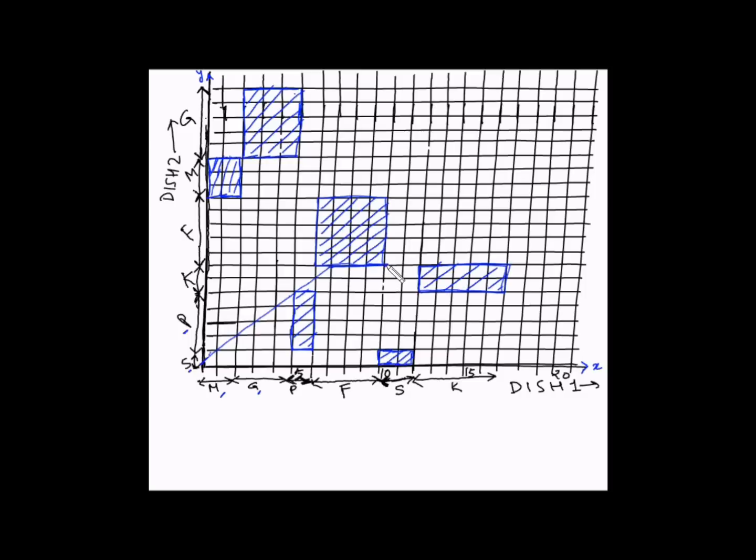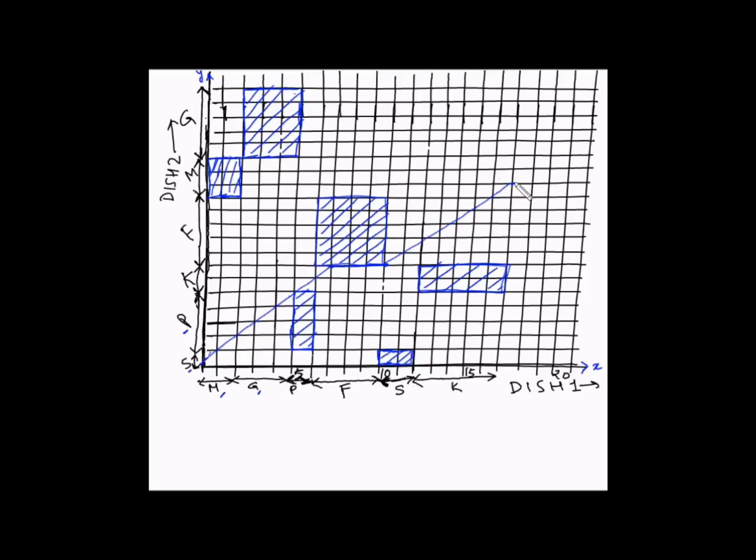waiting. Now once we reach this point, that is the edge of the rectangle, we have two options. First is to move vertically, that is move along this line here. Second is to start moving at 45-degree angle again, that is continue like this. So let's draw first the 45-degree angle line. So we move on at 45 degrees angle, and here we have to stop because this is where dish 1 is completing, that is the 17th hour.